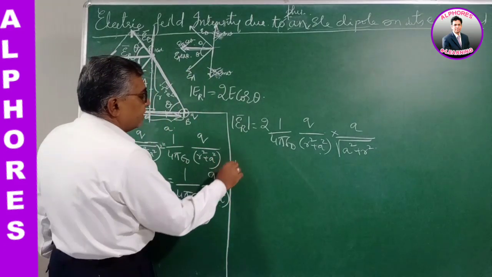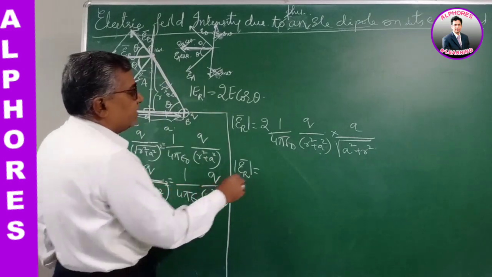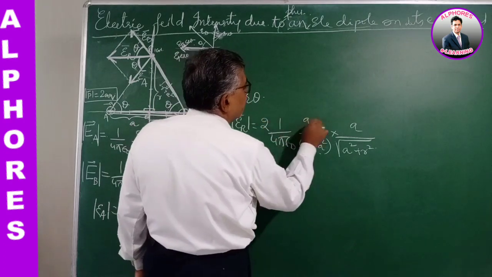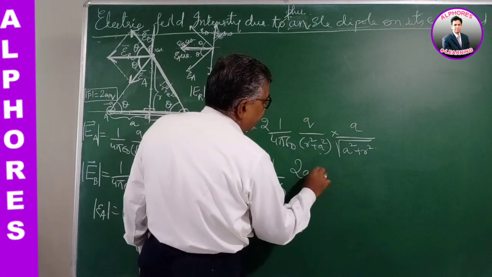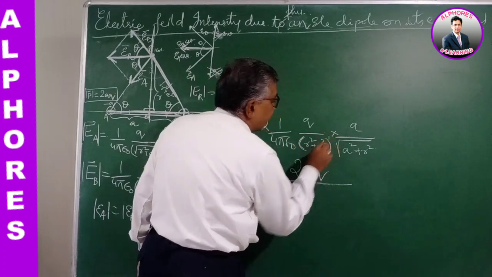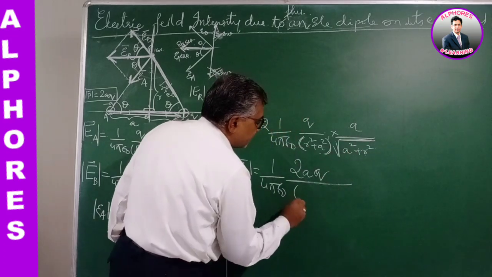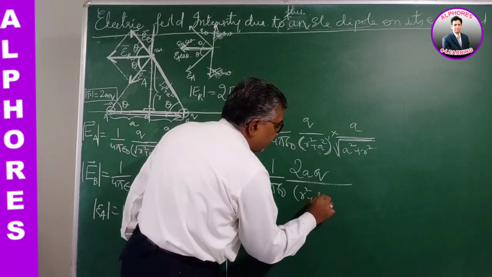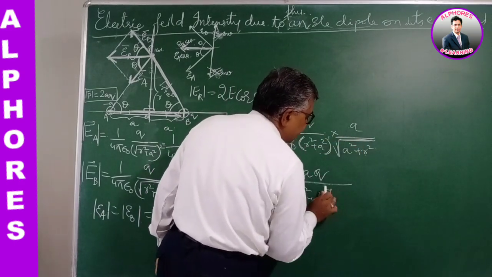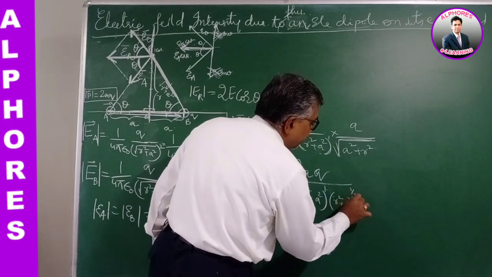So multiplying, the magnitude of the resultant electric field intensity at this point P is 1 by 4 pi epsilon naught, 2A into Q by R square plus A square whole power 1, and this is R square plus A square under root, that is, R square plus A square whole power 1 by 2.